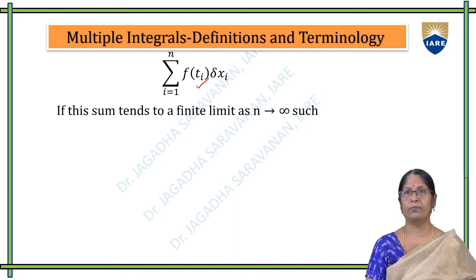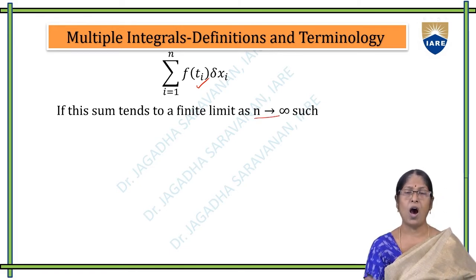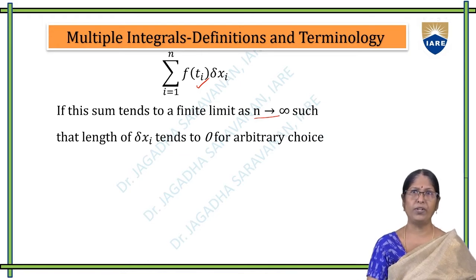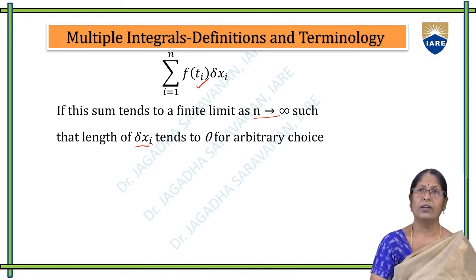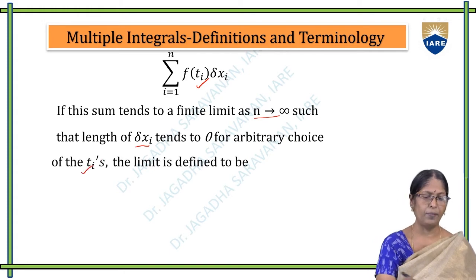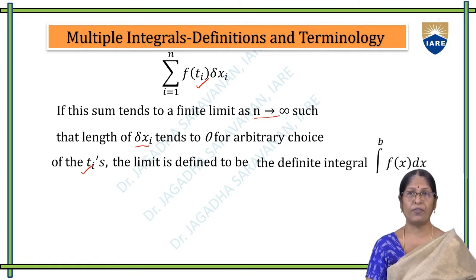If this sum tends to a finite limit as n tends to infinity, what is the meaning of n tends to infinity, and how is it connected to our double integral? First we will complete this part. So del xi tends to 0 for the arbitrary choice ti. Then the limit is defined to be the definite integral.